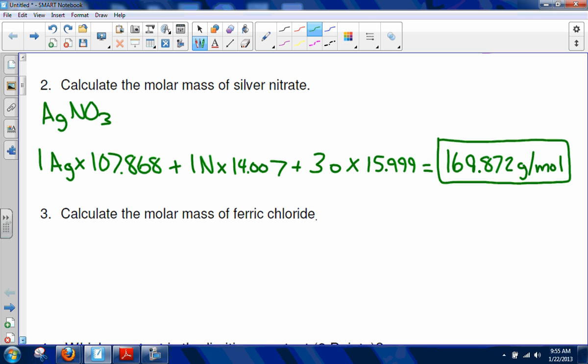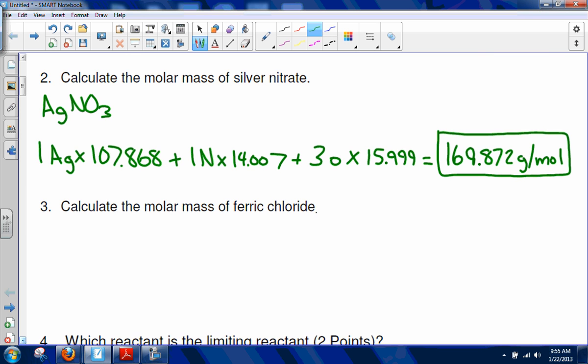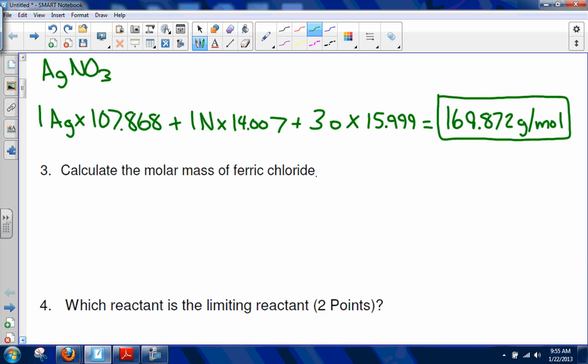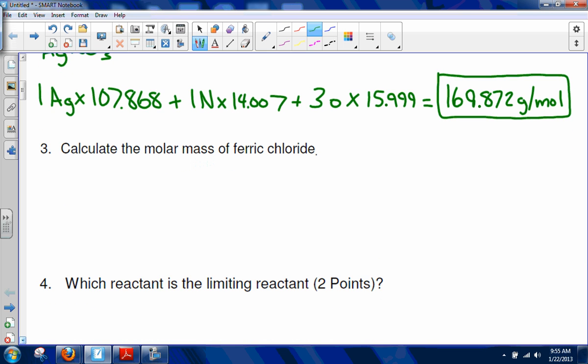We're through 2 out of 8. There's actually 9 points, though, because number 4 is worth 2. Number 3, calculate the molar mass of ferric chloride. That's FeCl3. So how many Fe's do I have? 1 Fe times the mass of iron is 55.845.